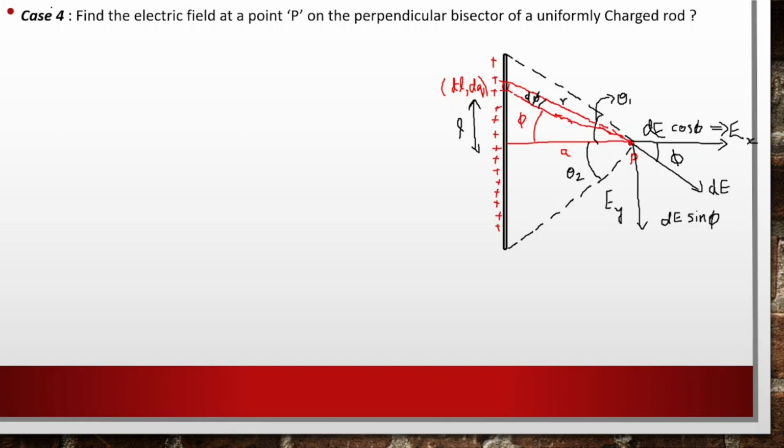So let's find it. The electric field at point P due to the small length element dl is given as dE is equal to, so what is the equation? K dq by r square.